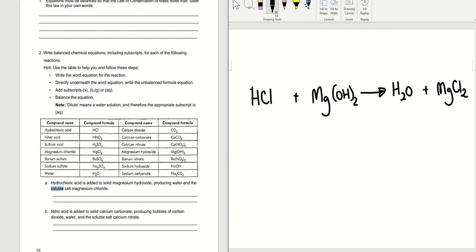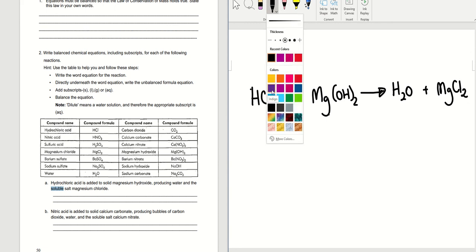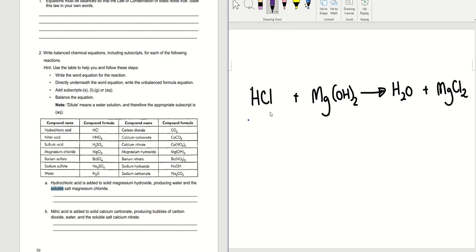Next thing we need to work out is the states that they're in. Any acid that we're dealing with, hydrochloric acid, is diluted in our reaction here. So it's always going to be aq.